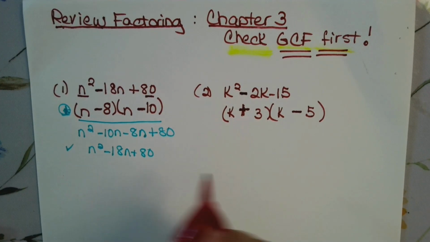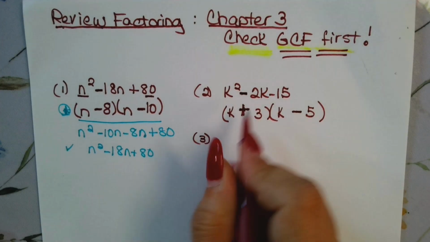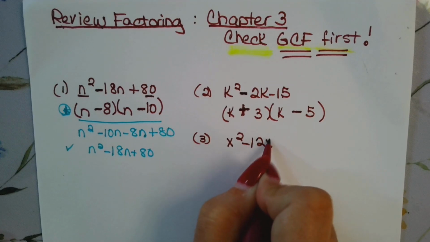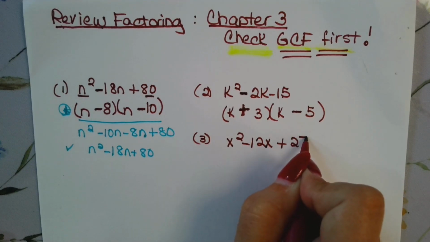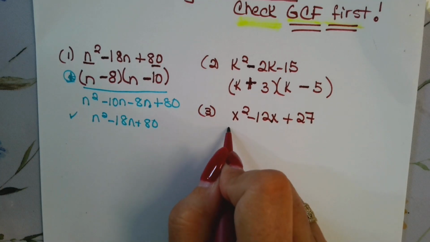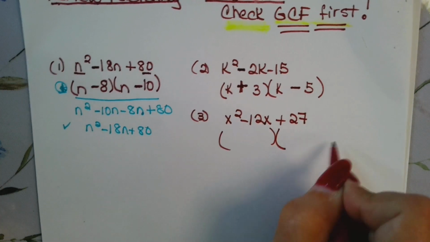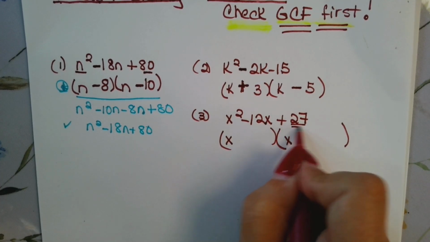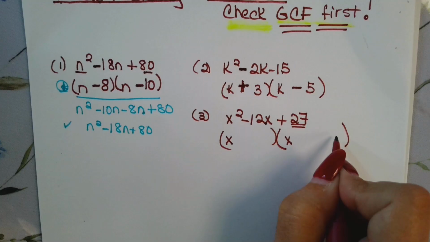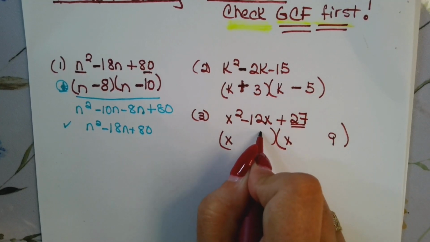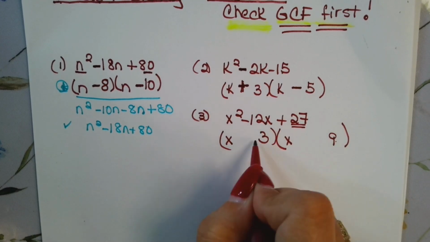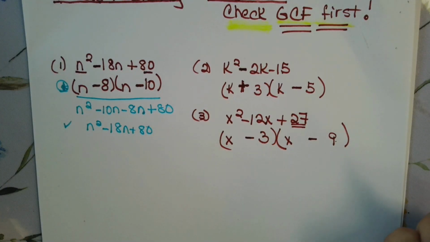Okay, number 3. We have x squared minus 12x plus 27. Again, we're going to go ahead and factor this, x times x. Factors of 27 that add up to 12 or subtract to 12, it's going to be 9 times 3. And if you notice, again here, 9 plus 3 is 12, and you have a negative 12. So both of these will have to be negative.